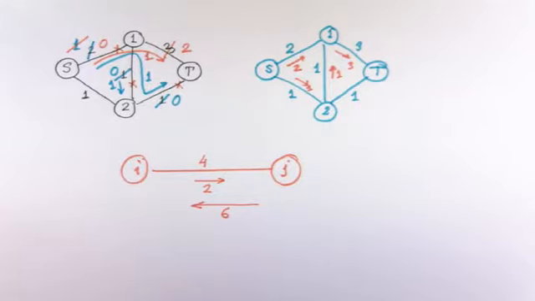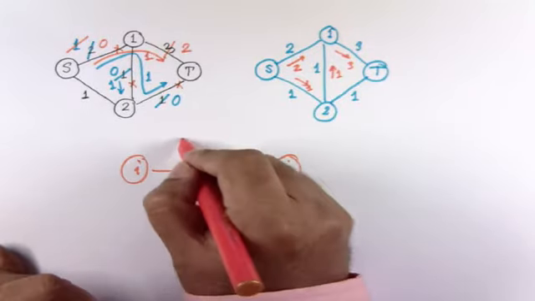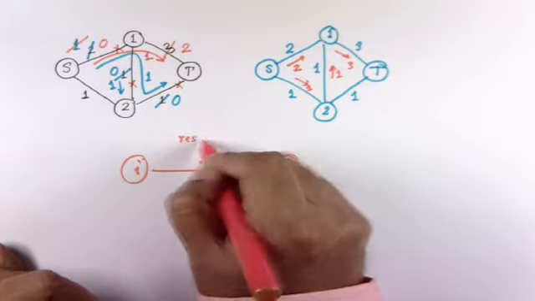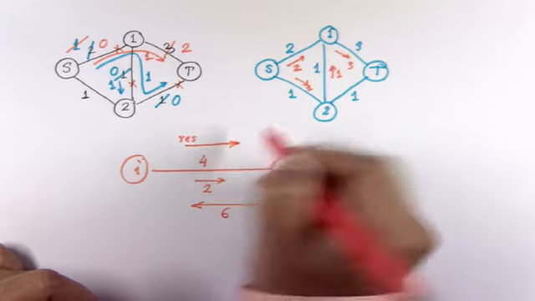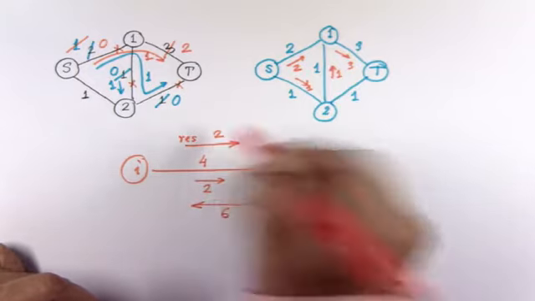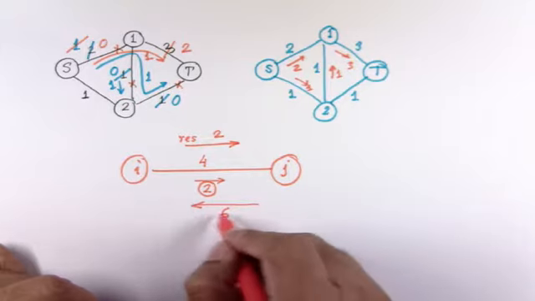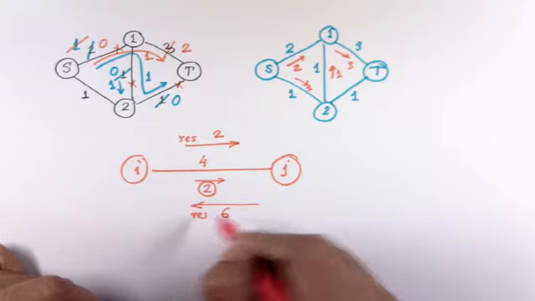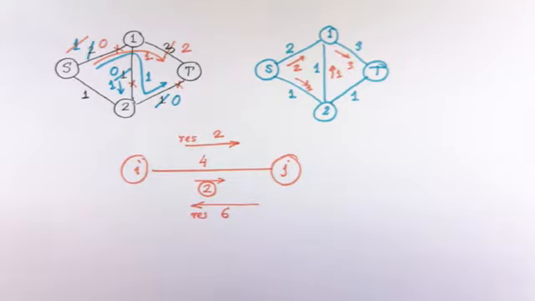So, if I look at the residual capacity in this direction, then that is 2 because my flow is 2. If I look at the residual capacity in this direction, then it is 6 because these 2 units I can reverse and then additionally I can push in 4 units.